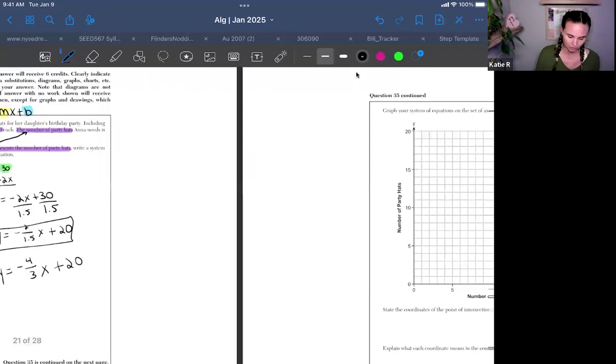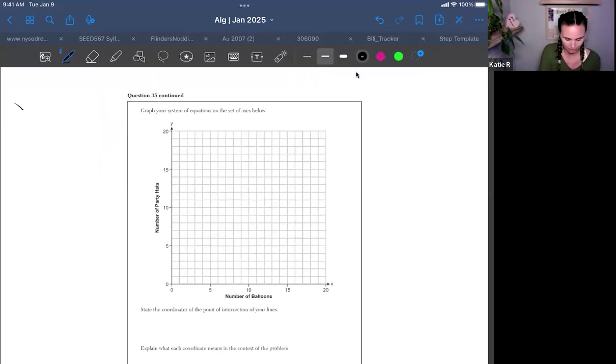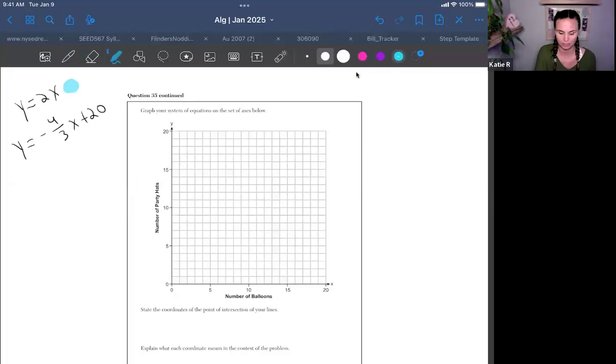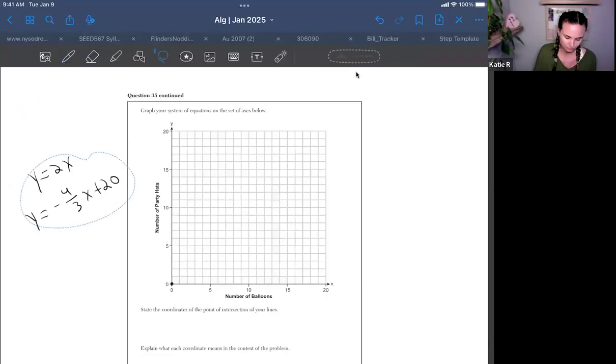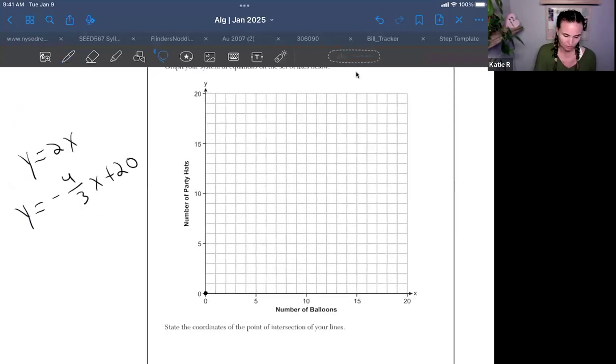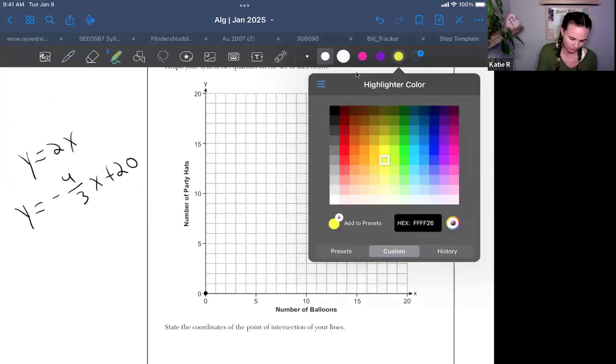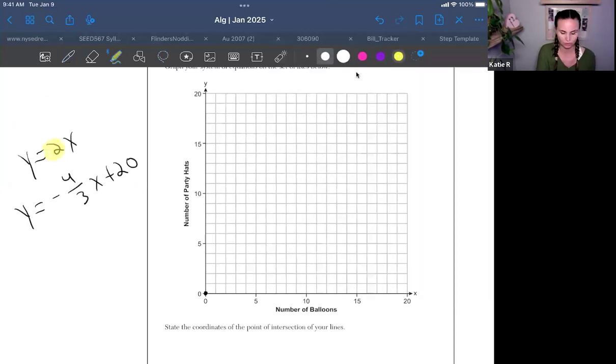So next part, in order to get the rest of my credit, I'm just going to rewrite the equations here. So like I said before, there's no y-intercept there. So that means we're starting at 0 with that equation. Let me just move these down because I want to zoom in. So I'm starting at 0 and my slope is 2.